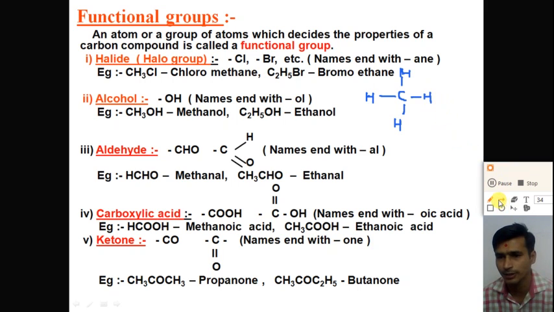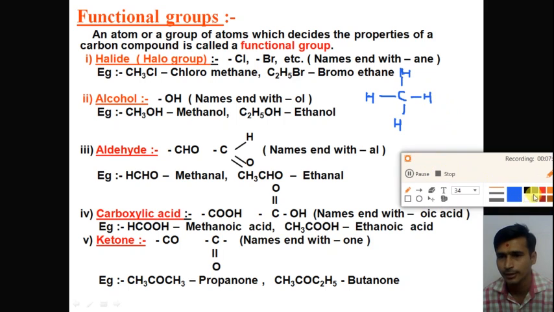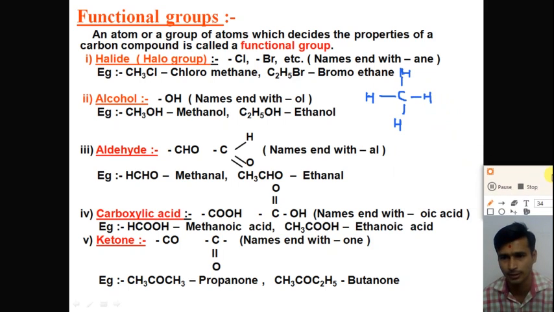Now from this, if one hydrogen atom is removed from this formula, and instead of this hydrogen atom we place a chlorine or bromine atom, right? So instead of this hydrogen atom, we place a chlorine.